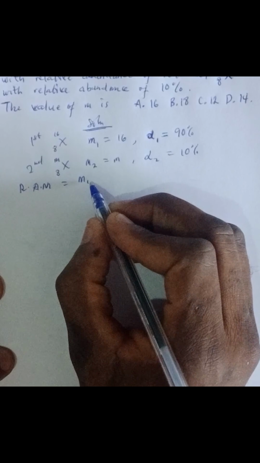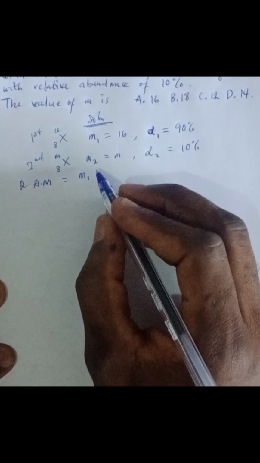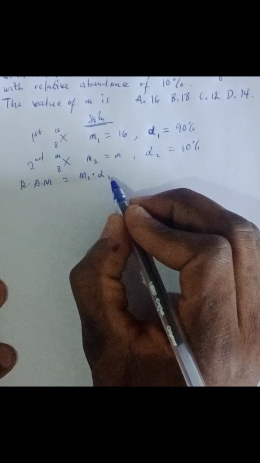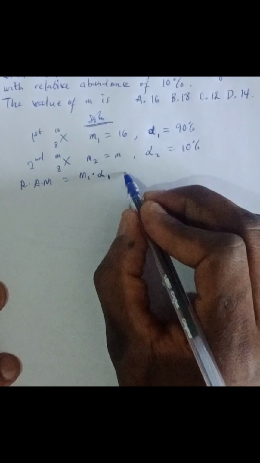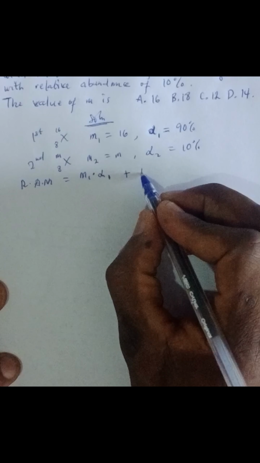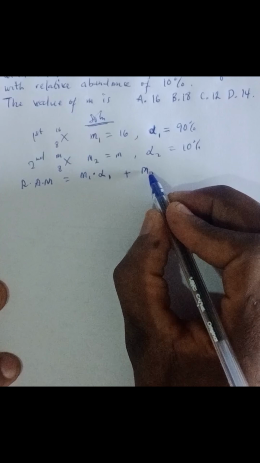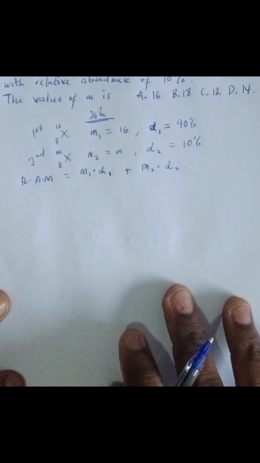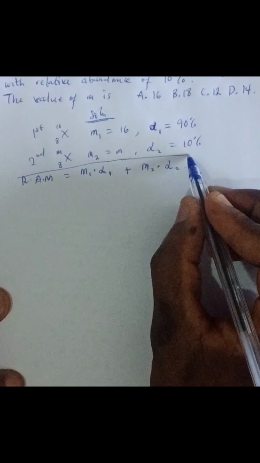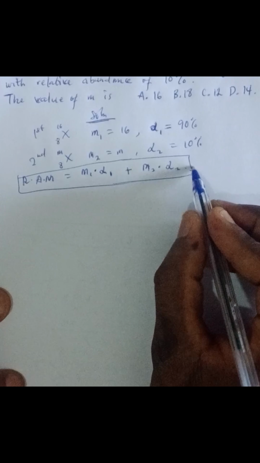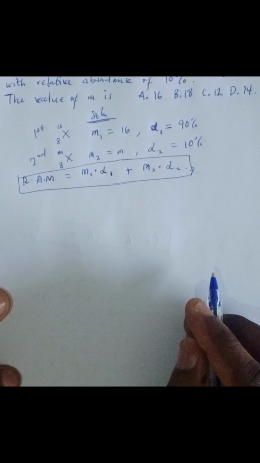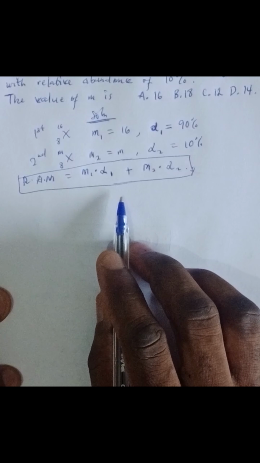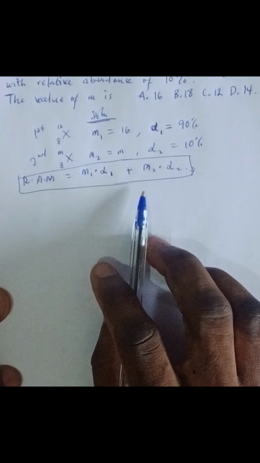The relative atomic mass, the overall mass, will now be equal to what? The mass of the first isotope multiplied by its relative abundance plus the mass of the second isotope multiplied by its relative abundance. This formula will give us the relative atomic mass of any element with respect to their relative abundances.